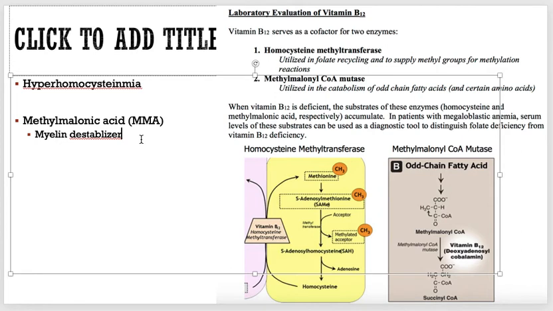So it is going to cause a lot of peripheral nervous system dysfunction, or simply peripheral neuropathy. So this is why vitamin B12 is very important in the functionality of the nervous system.